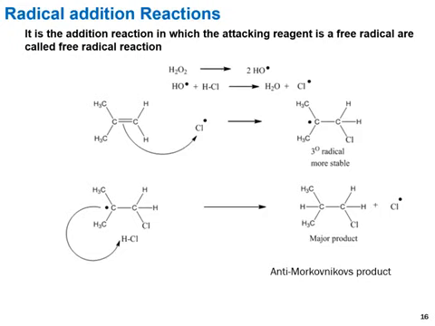Then the radical of the reagent is attacked by the olefinic double bond and gives the most stable tertiary radical. And this tertiary radical will terminate with the radical of the reagent and give the major product. Radical addition reaction gives the anti-Markovnikov product, meaning hydrogen attaches to that carbon that has fewer hydrogens.